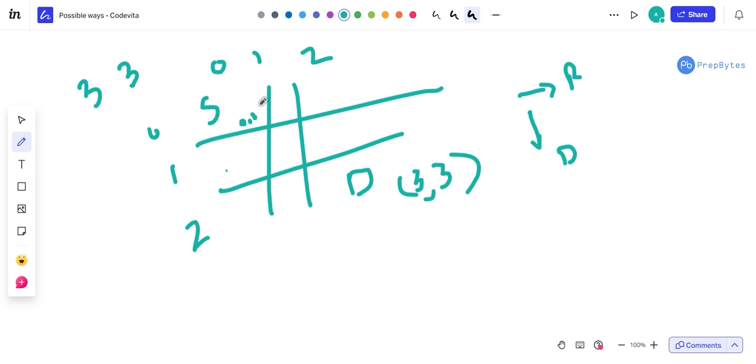So let's visualize. He can travel to the right and right again, and since there is no more right, he has to travel down and down once more. So that's one way. Let's keep a count: 0 plus 1, you have one way. After taking the first right, he can also go down and then a right.